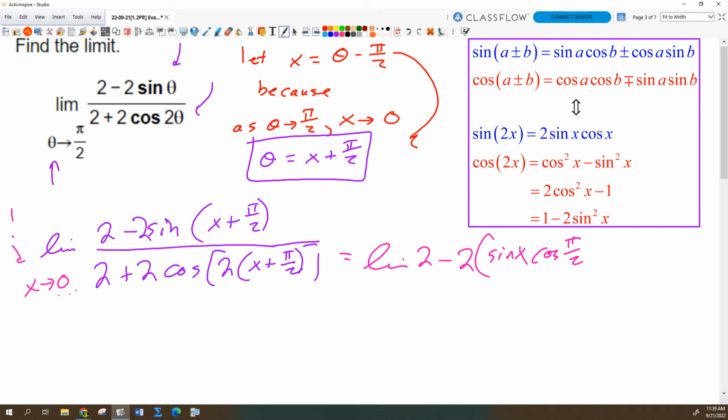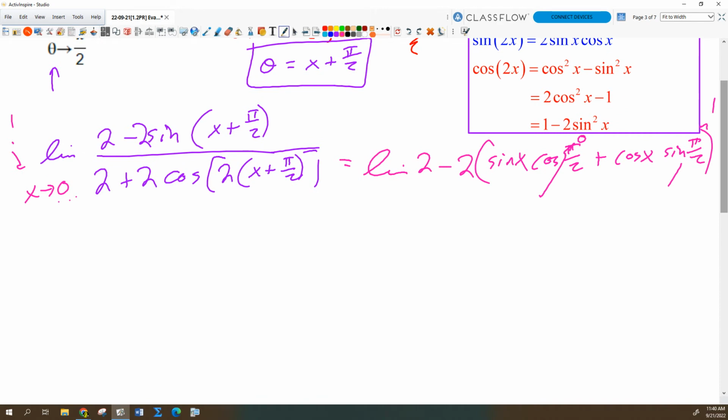Top of the unit circle, cosine's x coordinate, 0. There you go, right? So that one we already know goes to 0, plus cosine x sine pi halves, which is what? 1, right? So that one goes to 1.